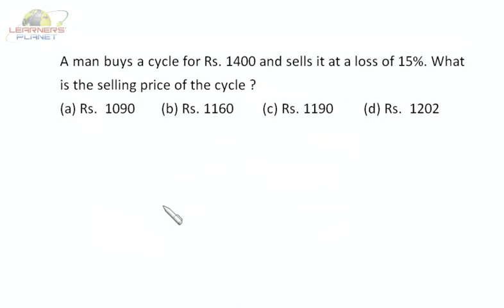Now let's see this question. A man buys a cycle for rupees 1400 and sells it at a loss of 15%. What is the selling price of the cycle? That means selling price must be 85% of the cost price, since the person is making 15% loss. So what is 85%? It is 85 by 100 into cost price.